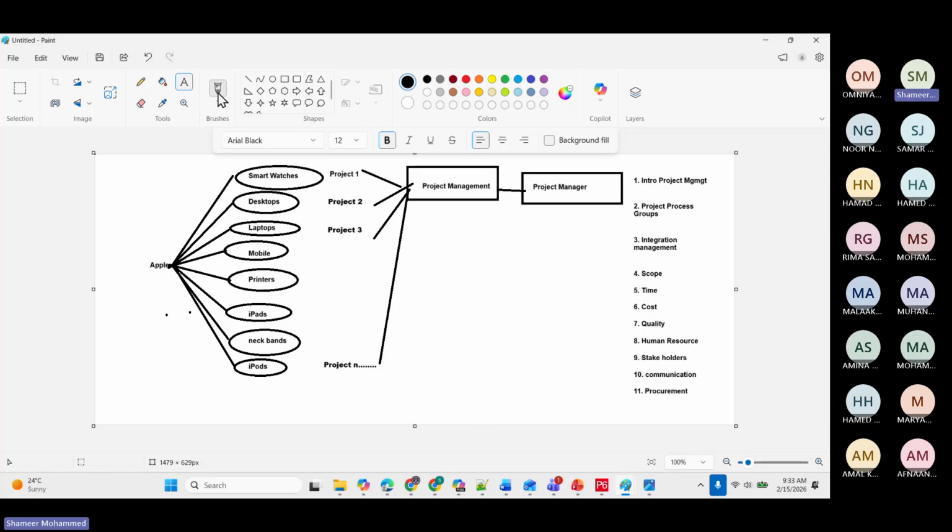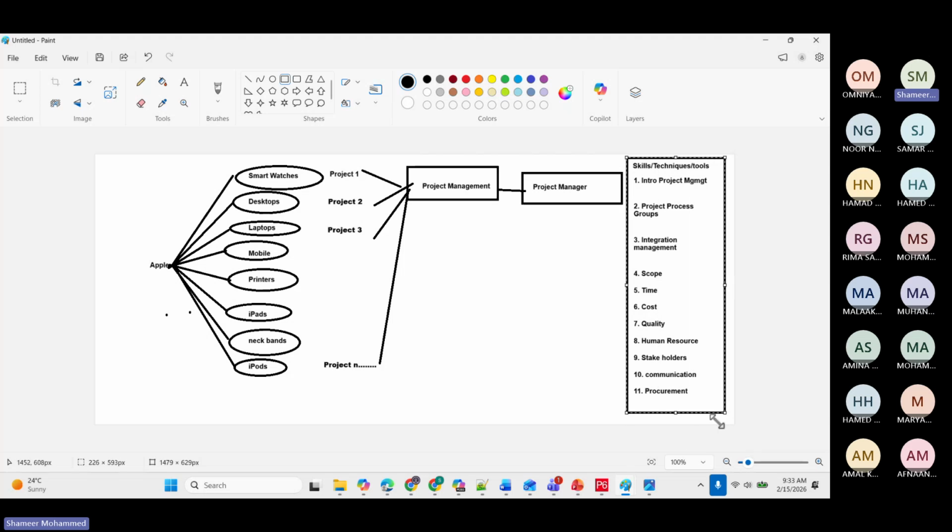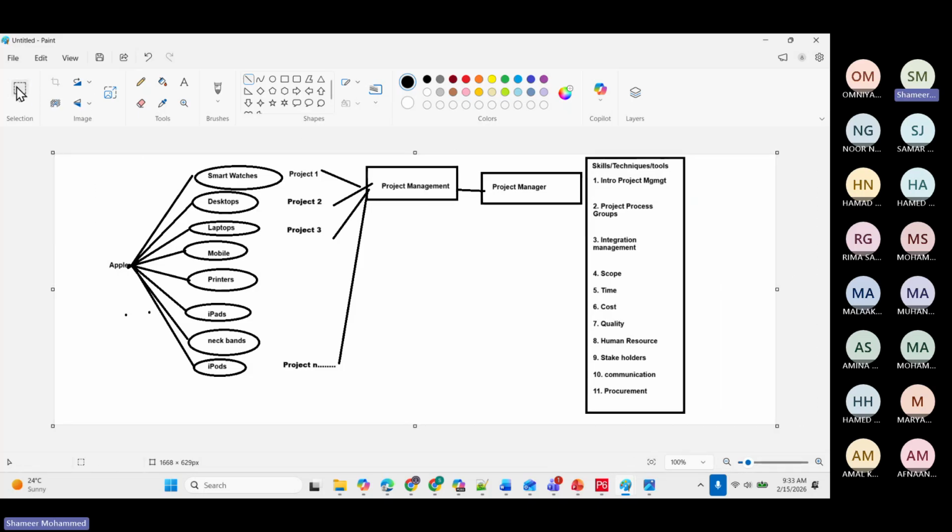These are your skills. These are your techniques. You are learning skills. You are learning techniques. You are using some tools to manage the project. So you are applying your knowledge. Understand? You are applying your knowledge.